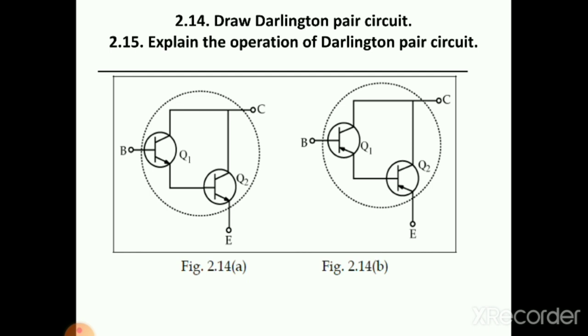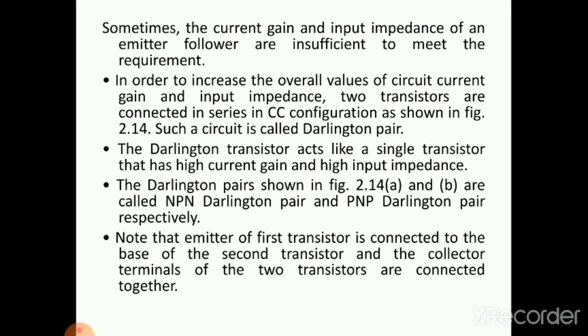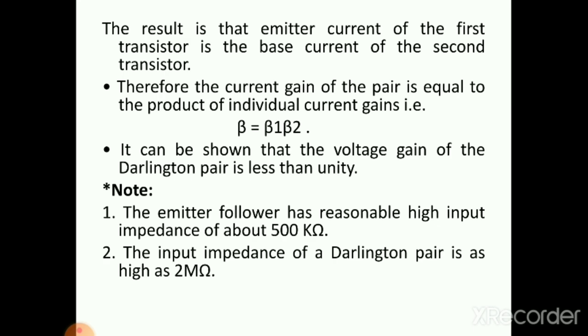Next we have gone through the Darlington pair circuit. It is considered as a single transistor. It has the highest current gain, beta is equal to beta 1 into beta 2, and the impedance is also very high compared to the CC. Emitter follower is also called common collector configuration.